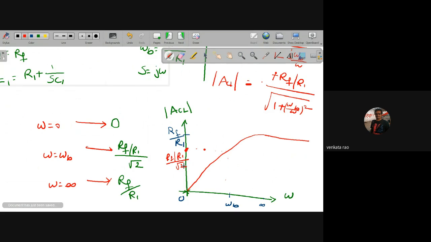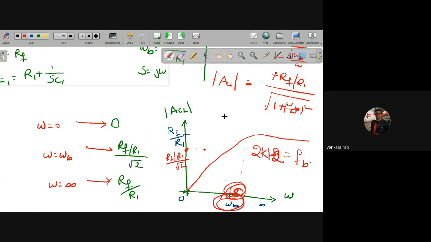In the previous case, from the designing point of view, we took the maximum frequency equal to FA. Now in this case they will ask for the minimum frequency. This minimum frequency is FB or omega B. So design a differentiator to differentiate a minimum frequency of 2 kHz. You can take this one as FB.